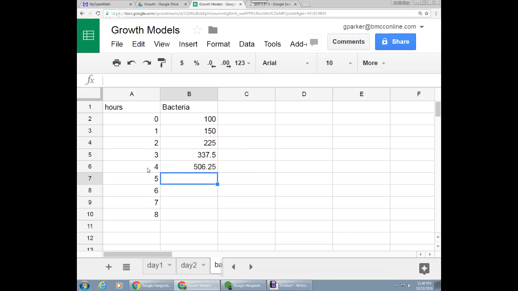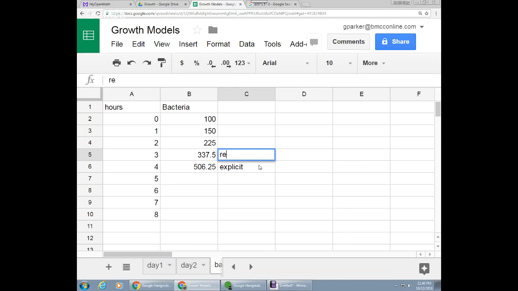That should generate the right numbers too. So we have a couple of ways to use the spreadsheets. Here I'm using the explicit formula. For the problems up there, I used the recursive formula. Sometimes one's easier than the other. Sometimes it depends on the question that you were asked.